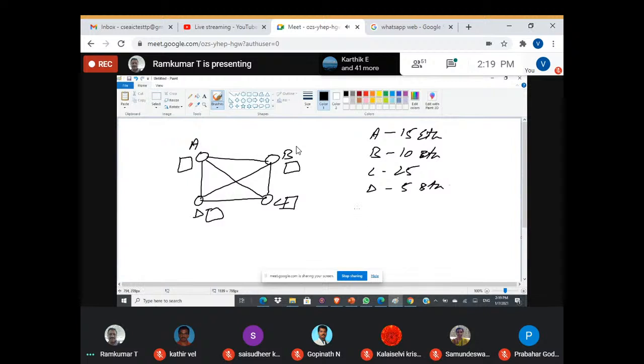Now I'm doing a transaction. What is the transaction? From C to D, I'm transferring 5 ethers.